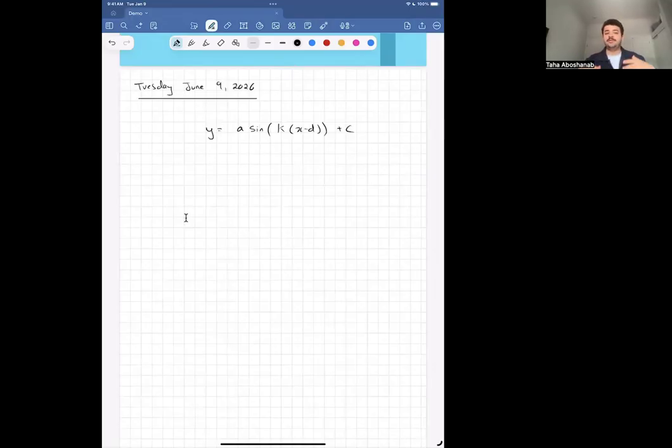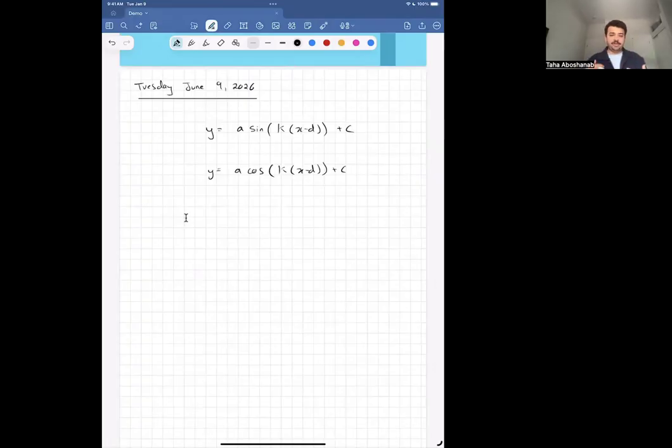That's what we call a sinusoidal equation. However, sinusoidal equations actually refer to any function like sine or cosine that behaves similarly to sine, so it keeps fluctuating up and down. Another form you might be familiar with is y = a cos(k(x - d)) + c. So we have those two forms.